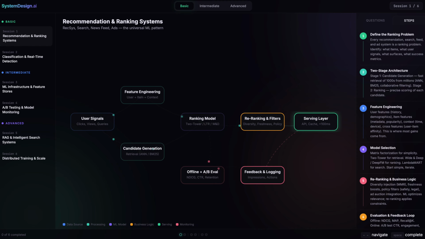First, in a recommendation system, we take user input: any clicks or views on the page, or a sign in or sign out, as a user signal. Next, we do feature engineering with the user, and also candidate generation.